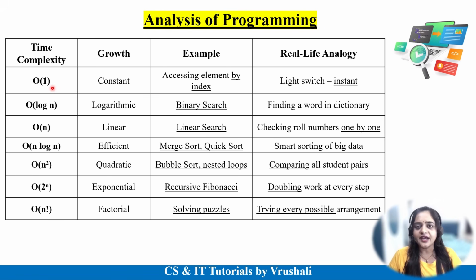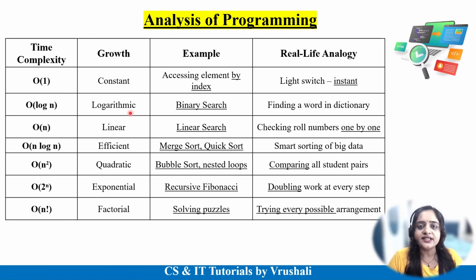By default, we use the big O notation for calculating any time complexity, right? Let's take an example: suppose you switch on the light. Switching on is a constant part. So for this type of programming, big O 1 time complexity is needed.